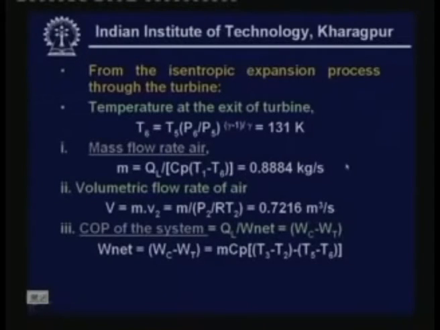So that is what is written here. W net is equal to Wc minus Wt, that is equal to m Cp into (T3 minus T2) minus (T5 minus T6). All the temperatures are known to us. So if you substitute these values, you will find that net work input to the system is 126.25 kilowatt. Therefore the COP is QL divided by net work input, that is 100 divided by 126.25, that comes out to be 0.792. So this is how we can calculate the required performance parameters.